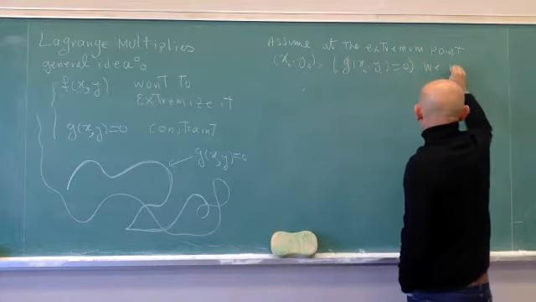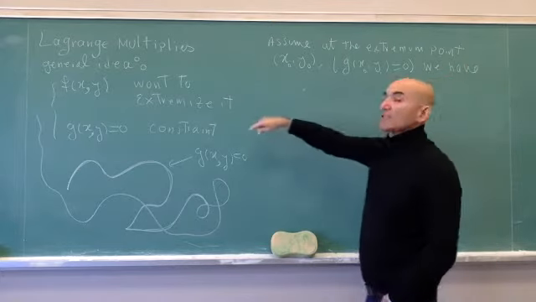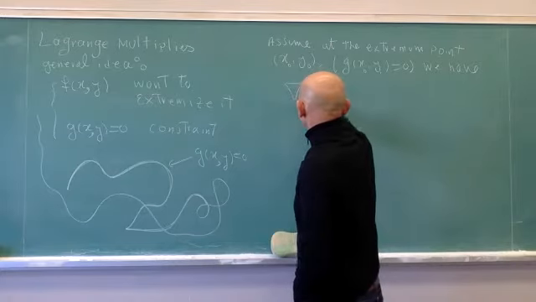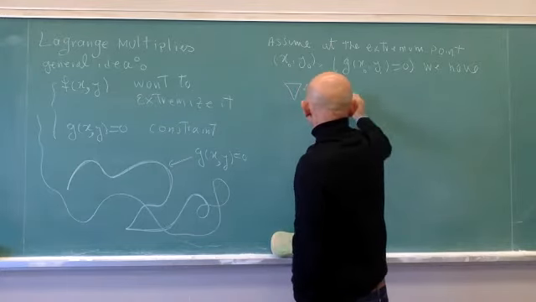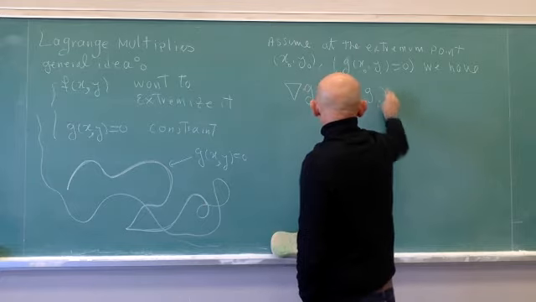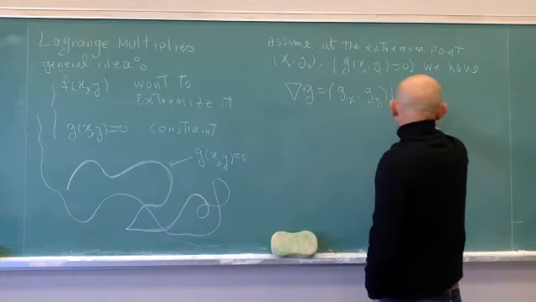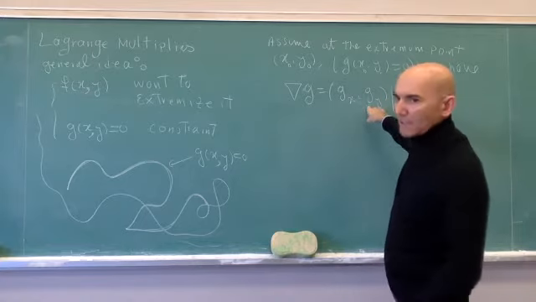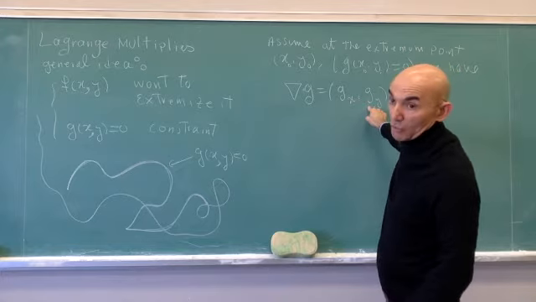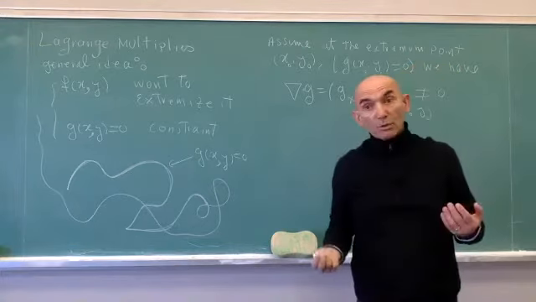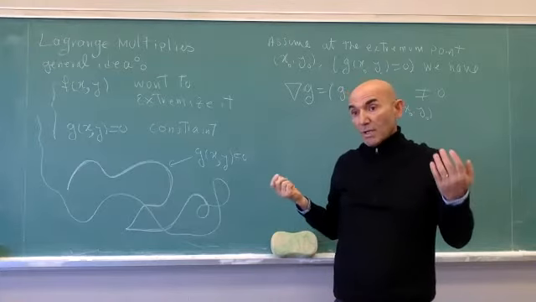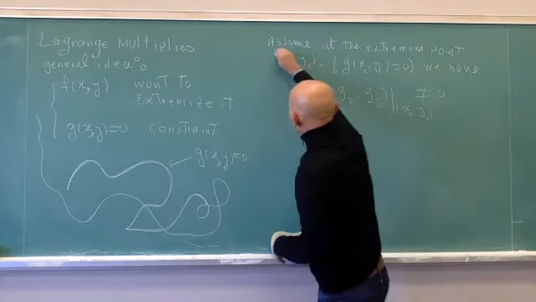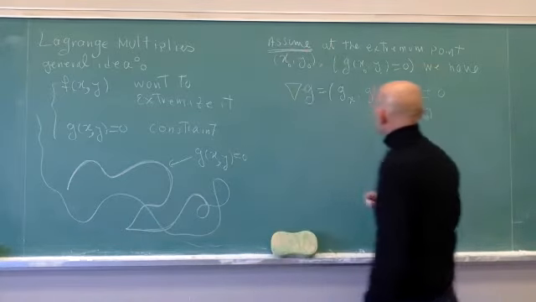We have the gradient of this function g, which is g_x, g_y, at this point x0, y0 is different from 0. So it means that one of these partial derivatives at this point is not 0. It's not that both of them are 0. That's the case that we don't want to have, because things could go wrong. So let's assume this. That's an important assumption.